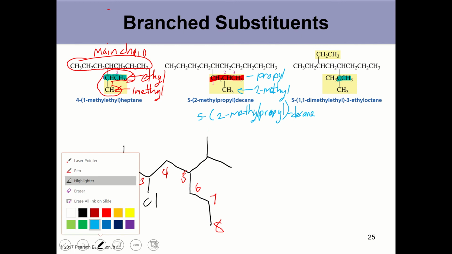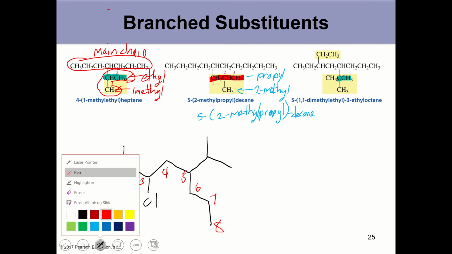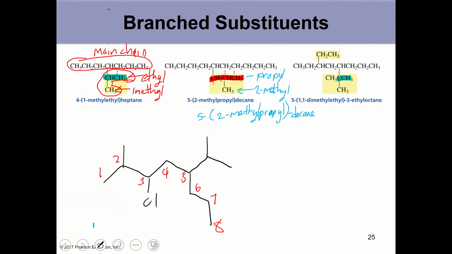And then connected to carbon 1 are 2 methyl groups. So we would have 1,1. So this is 1 methyl. And this is 1 methyl. So there are 2 of them. So we call that dimethyl.